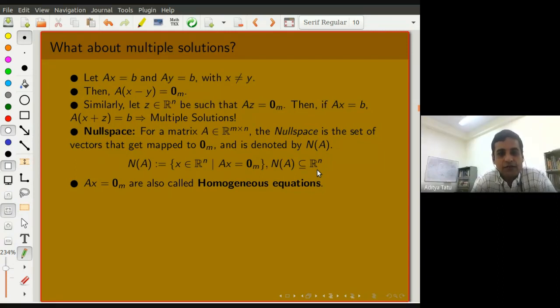It's just that instead of a differential equation, remember it's not just any differential equation, it is linear differential equations. And here also we are just looking at linear systems of equations. So there has to be the same structure at both places. And what do you call solutions to Ax equal to B in the language of linear differential equations?